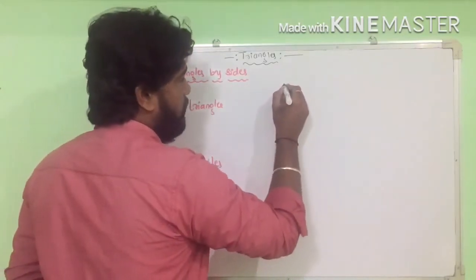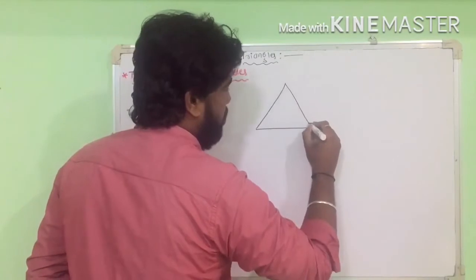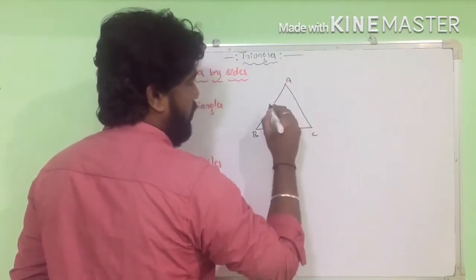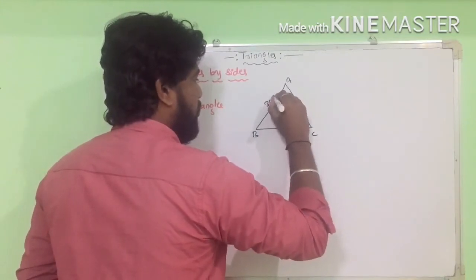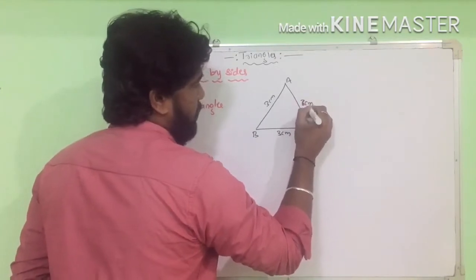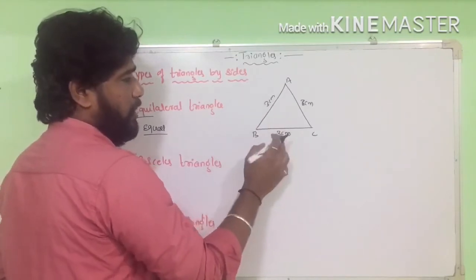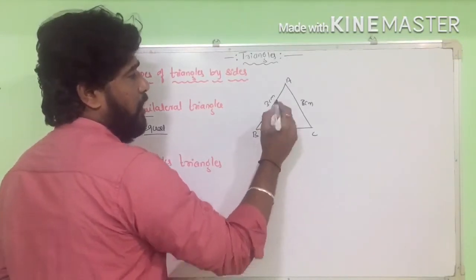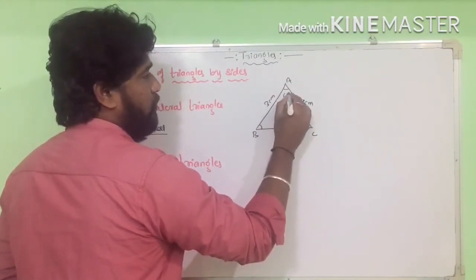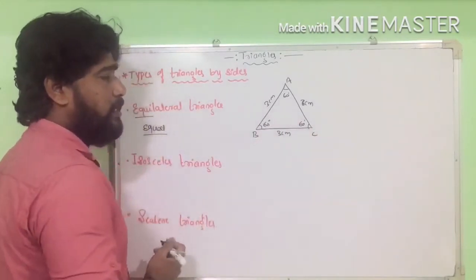So for example here, ABC is a triangle with 3 centimeters, 3 centimeters and 3 centimeters. See here, all sides are equal to 3 centimeters. So these angles are also equal, 60 degrees each. So it is an equilateral triangle.